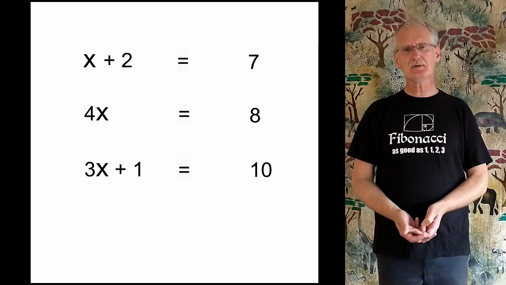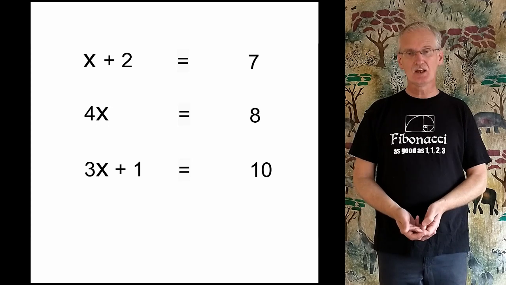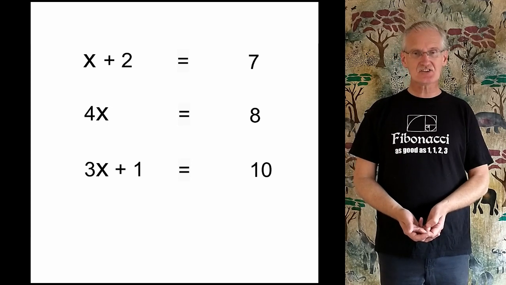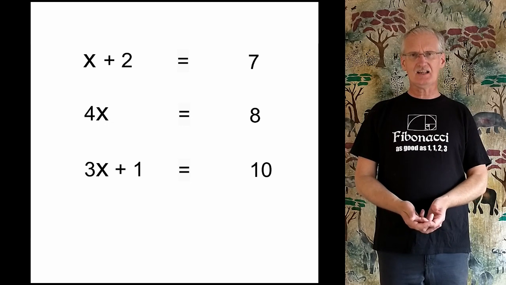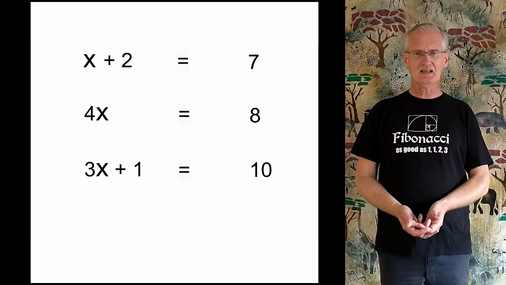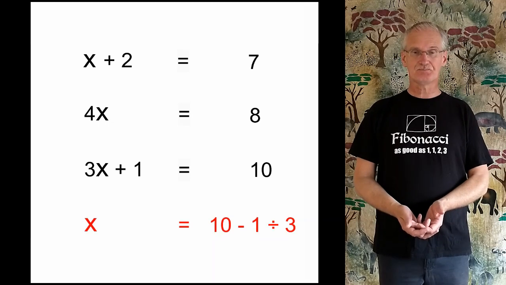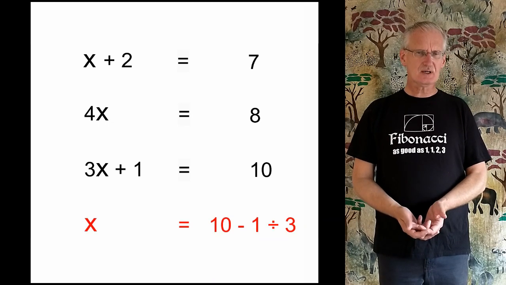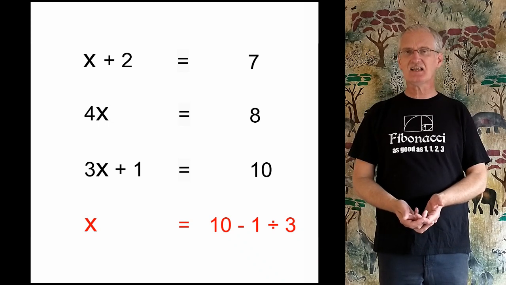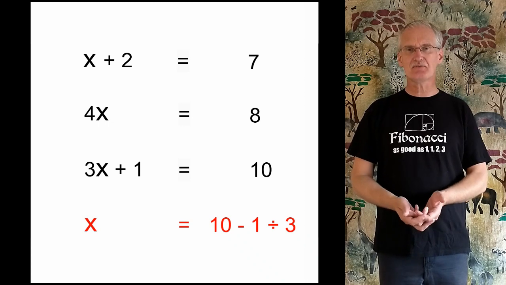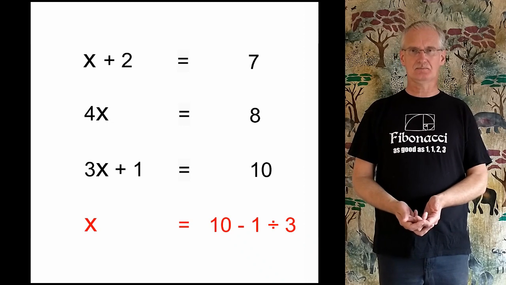What about this one? A little bit harder. Well, maybe at school you learned the reverse operations method. You say, well, I take away 1 and then I divide by 3 and it looks something like this. Well, that's great in as far as it goes, but once we get on to the more challenging algebra, actually the reverse operations method lets us down.